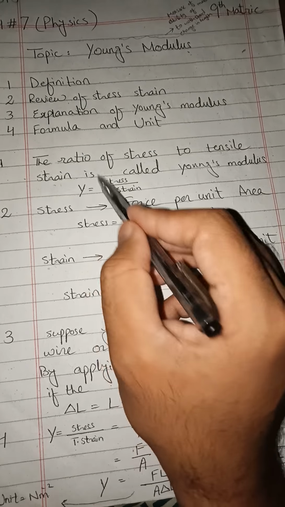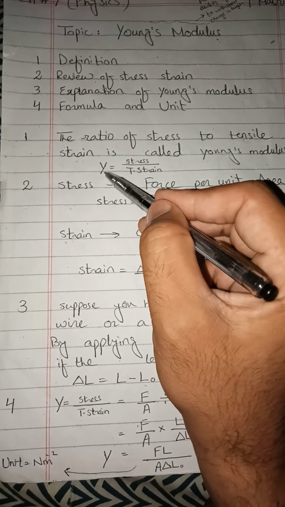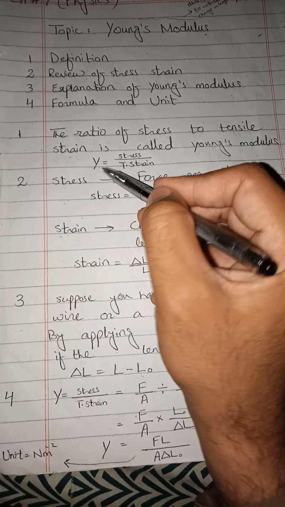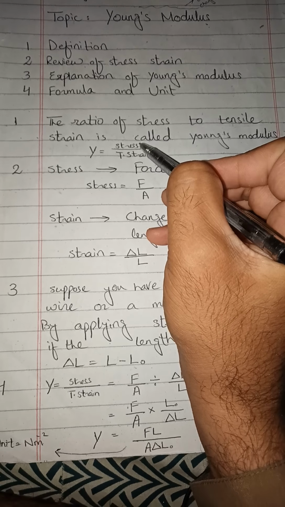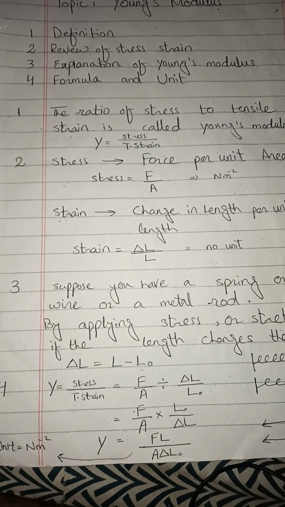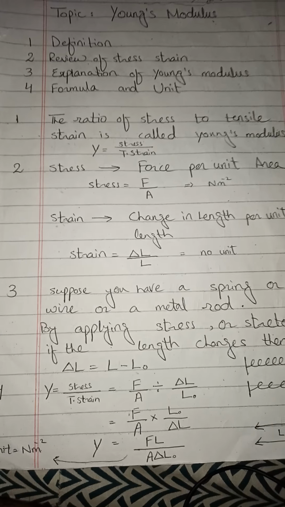Strain is the tensile deformation in length. It can be represented by Y equals stress over tensile strain, where stress is the force per unit area and tensile strain is the deformation in length.